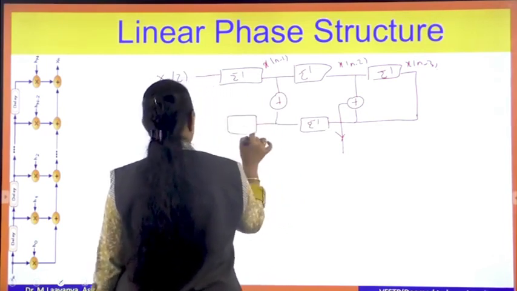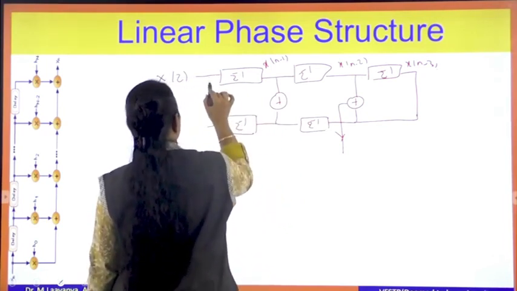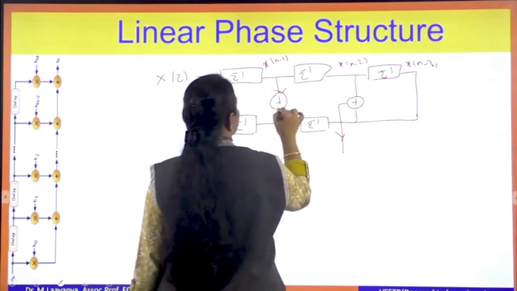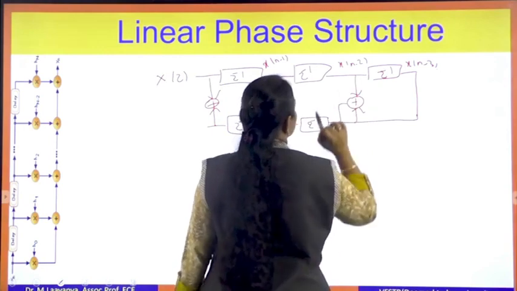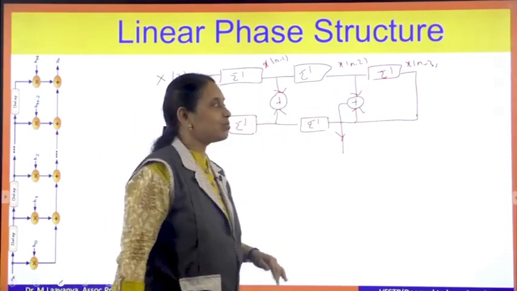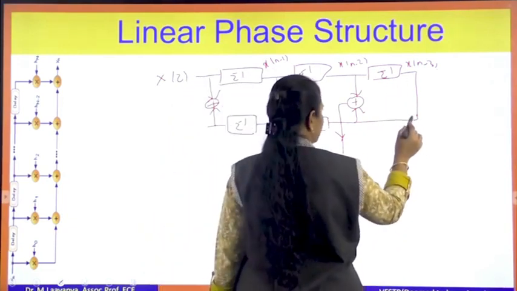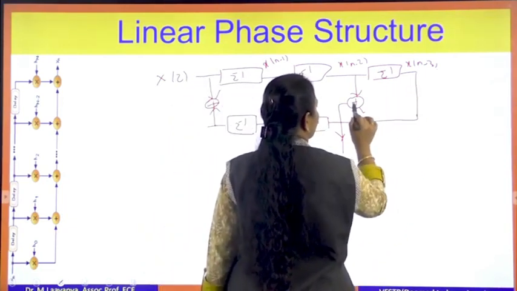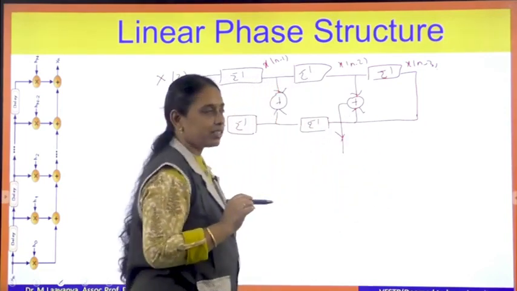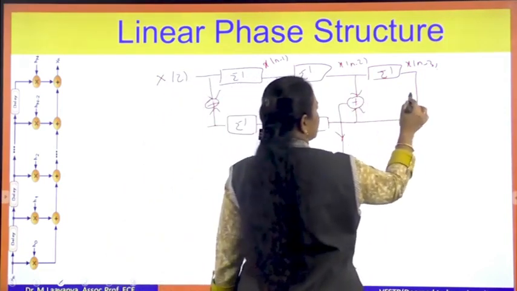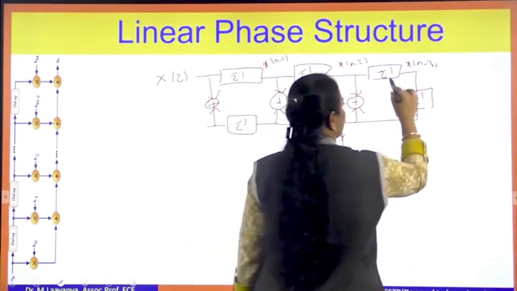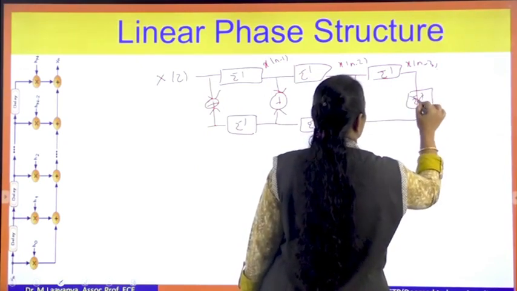And again if I go here, 0 and 5 will be added. So whenever you are having even, you draw an odd number of delays, and x of n minus 3 will be added to x of n minus 2 here. Then you delay the element. Otherwise you can make this here z power minus 1. That is also correct, but instead of that I have kept it here, so no problem.